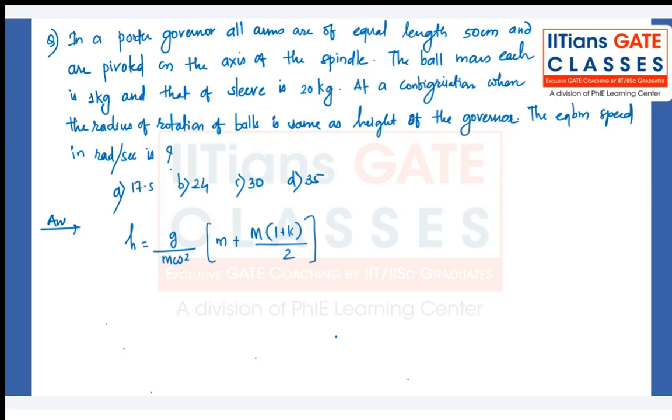Now on top of that, they have mentioned that the sleeve and all the arms are of equal length, so the value of k is equal to 1. If k is equal to 1, h is equal to g divided by m omega square, times (m plus capital M). How much will it be? 1 plus 1 is 2, so 2m plus capital M, that's all.